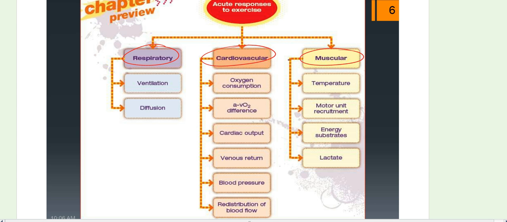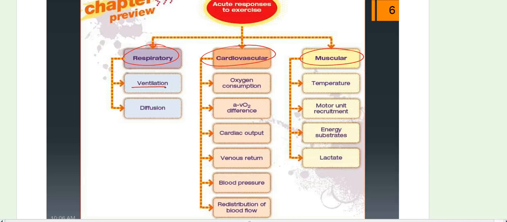A couple of slides earlier when we looked at increase in oxygen delivery and increase of waste removal, we looked at the cardiorespiratory, and that was basically joining these two systems here together. So from our respiratory system, ventilation is the amount of air that we breathe in and out per minute.